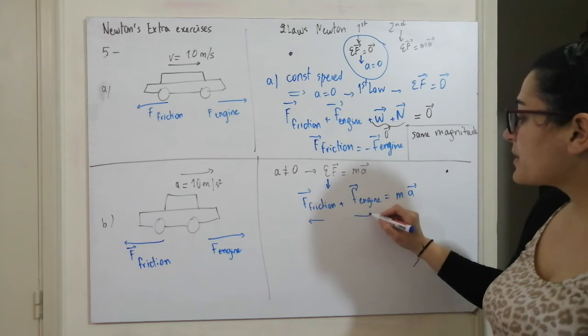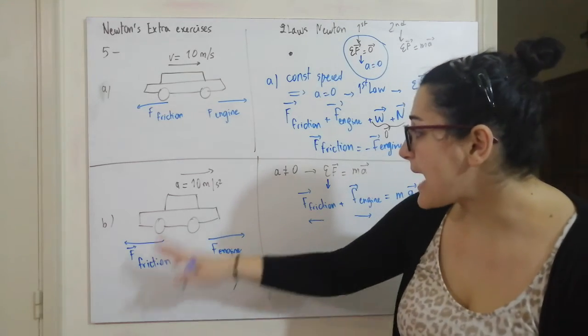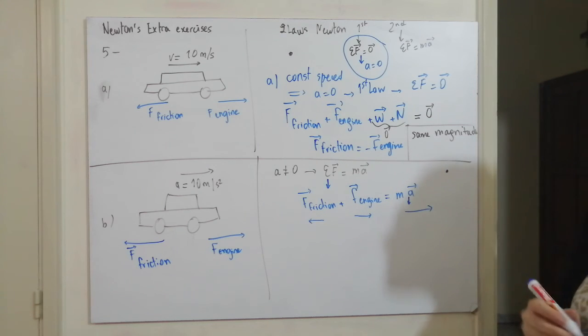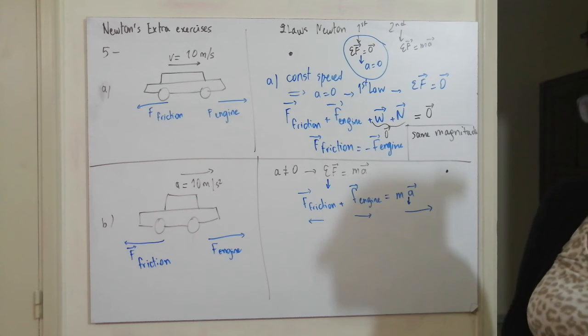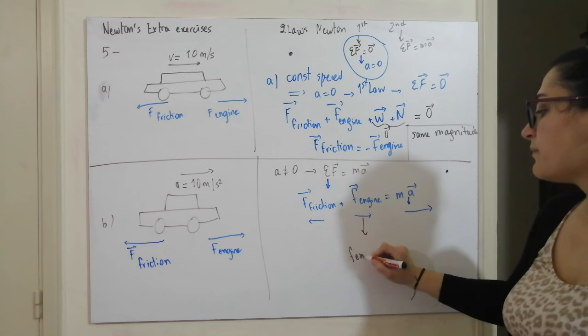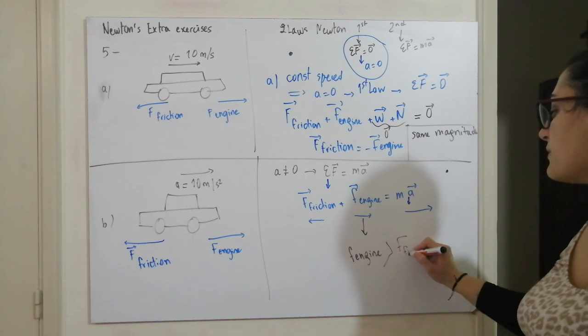F of the engine is going forward. A, they told us, it is accelerating to the right. So this one is also going in the same direction as the engine, which means, which one is bigger? Of course, F of engine. It's bigger than F of friction.